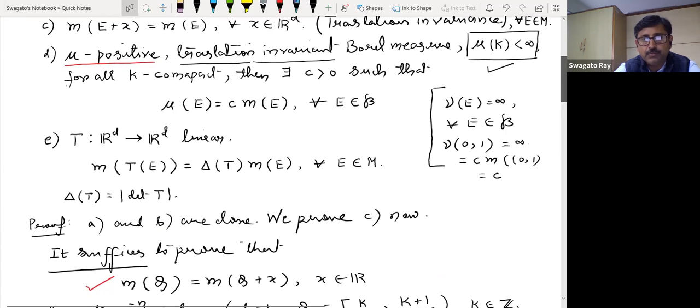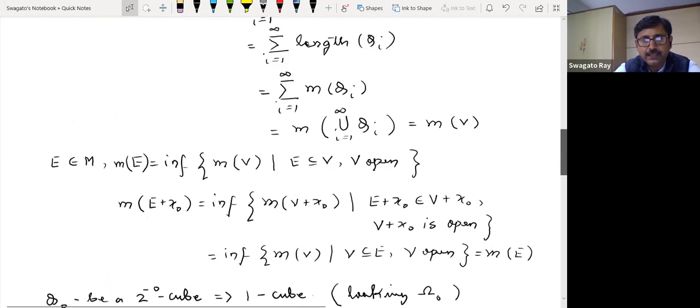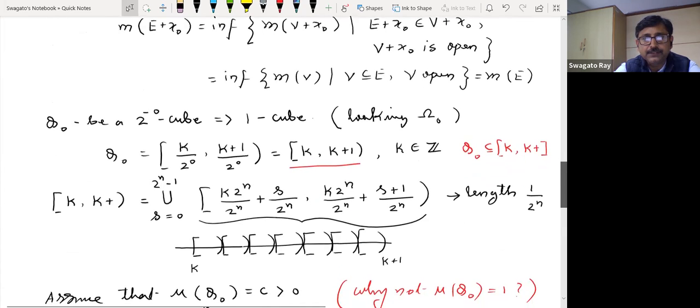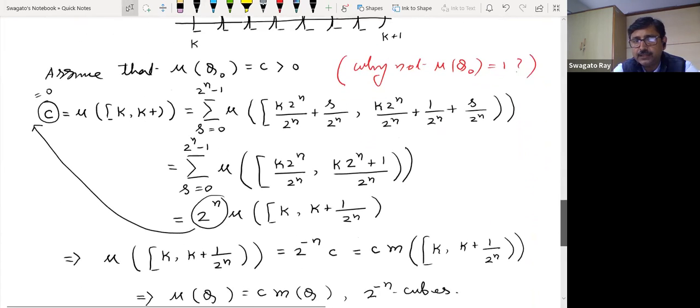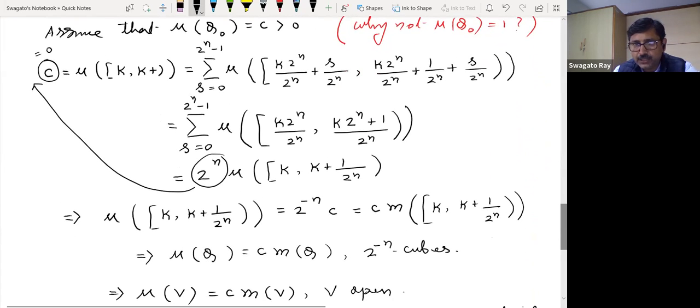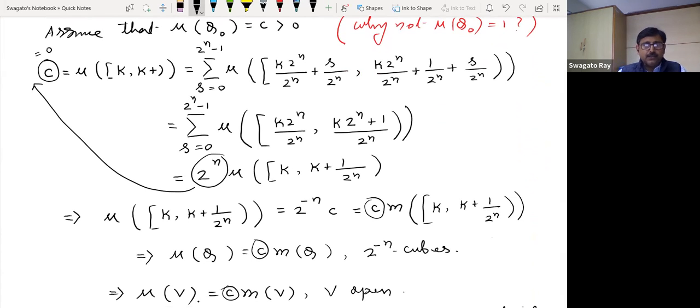If you take C to be equal to 0, come back here. Suppose your C is equal to 0. What will happen is you will get that this C is equal to 0, this C is equal to 0, this C is equal to 0. Strictly bigger than 0 will not work then.